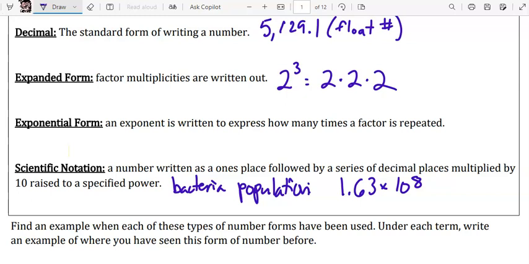So go ahead and find an example for each. Pause the video and move on once you've found those examples.